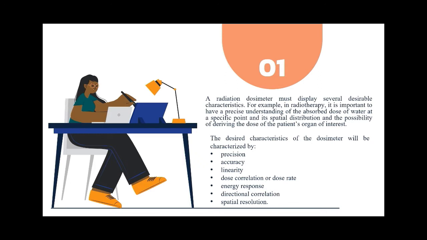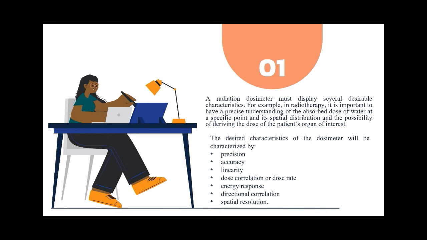For example, in radiotherapy, it is important to have a precise understanding of the absorbed dose of water at a specific point and its spatial distribution and the possibility of deriving the dose of the patient's organ of interest.